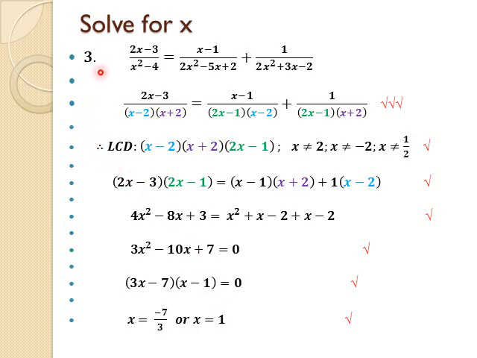Right, now in the third problem, this is a more complex variation of what we've done. Again, we have three fractions, but we have to factorize first. So x squared minus 4 is a difference of two squares, so x minus 2 times x plus 2. For the quadratic, 2 is a prime number, so it can only be 2 times 1, and there minus 2 minus 1, because the middle term is negative 5.